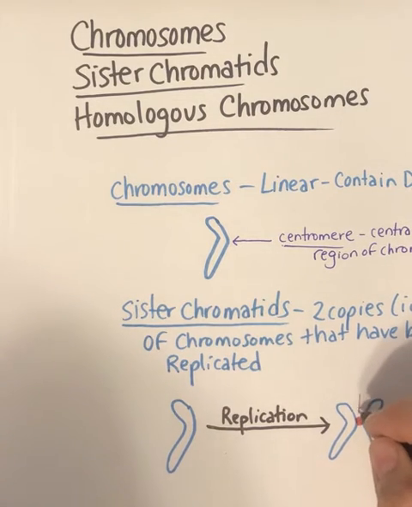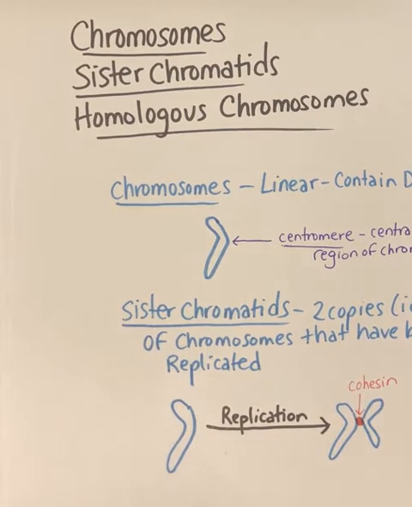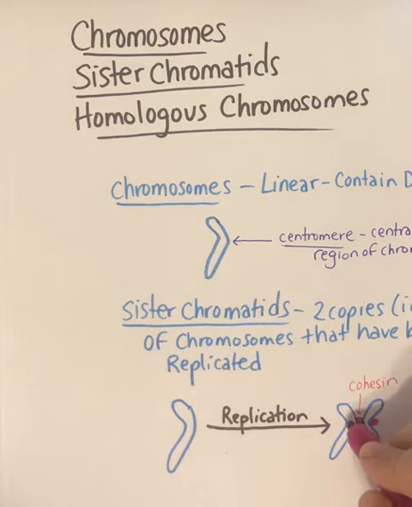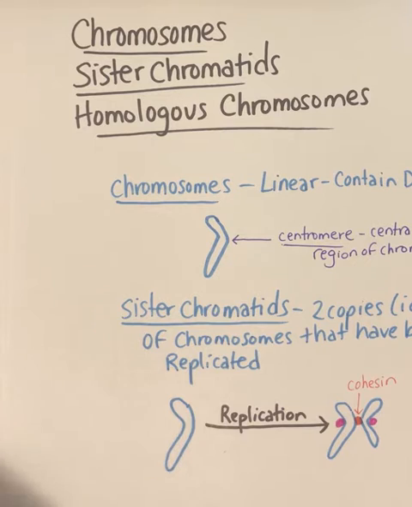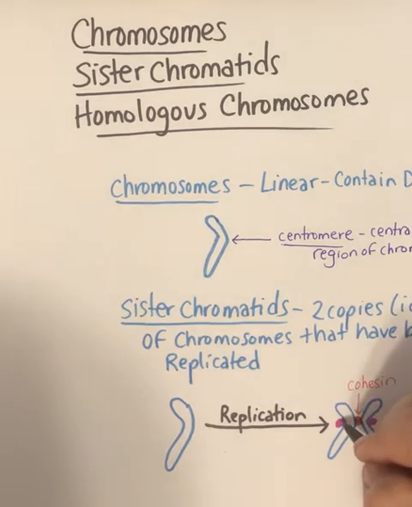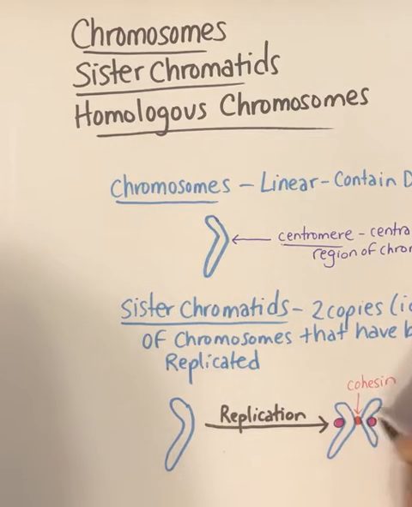So the protein that holds two sister chromatids together is cohesin. And the proteins that are responsible for helping move chromosomes around with the mitotic spindle on either side are all located at the centromere. These are known as kinetochores.